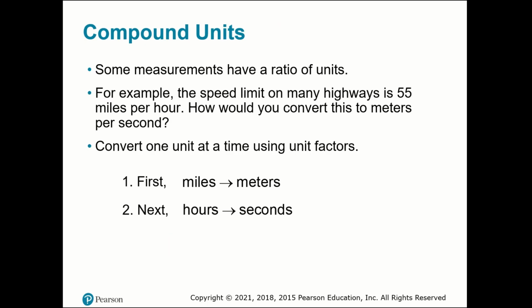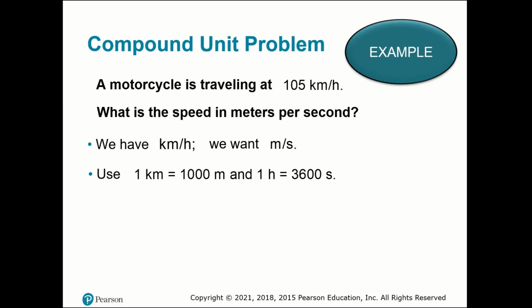Okay? Some measurements have a ratio of units, for example, speed. The speed limit on many highways is 55 miles per hour. How would you convert this to meters per second? First you convert miles to meters and then hours to seconds, or you can do it all together, like in this example. We have 105 kilometers per hour and we want meters per second. I have all the conversion units over here.